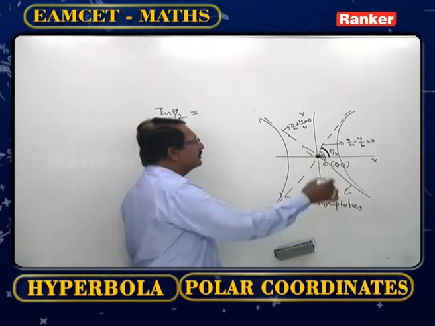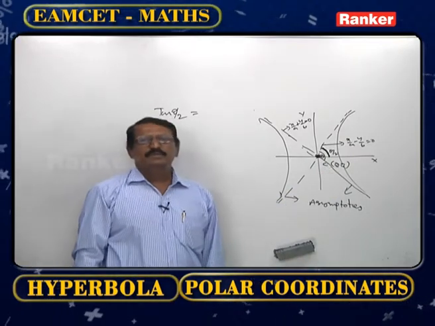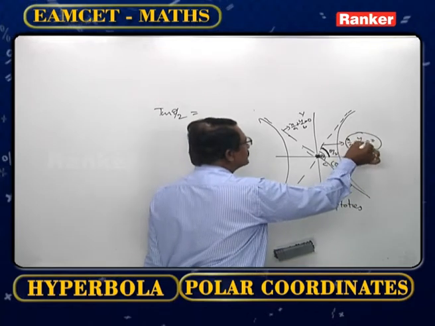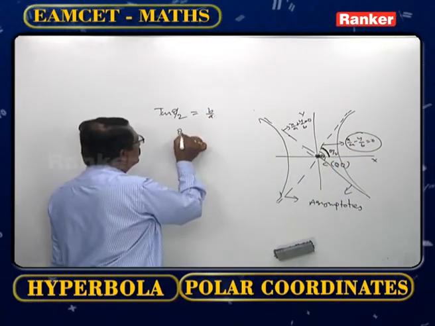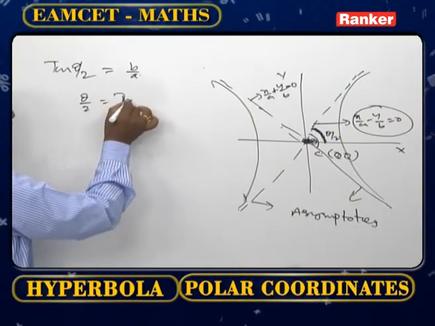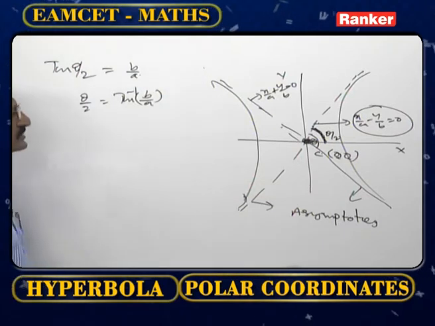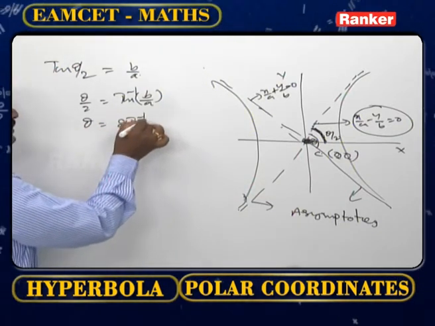But tan theta by 2 equals the slope of the asymptote x by a minus y by b equals 0, which is b by a. Now theta by 2 equals tan inverse b by a. Then theta equals 2 tan inverse b by a.